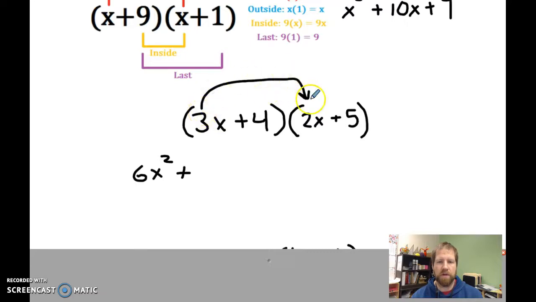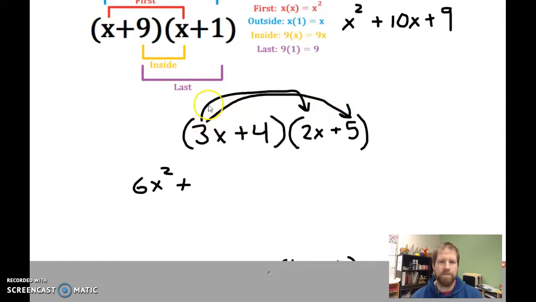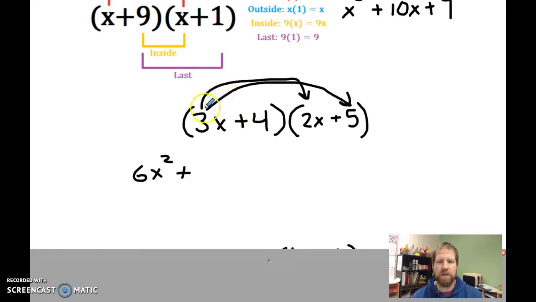So the first term, first, outside, O, right? First outside, 3x times 5 is going to be 15x. And then inside, okay, this will be positive again, 4 times 2x, or 8x. And then last is going to be 4 times 5, or 20.